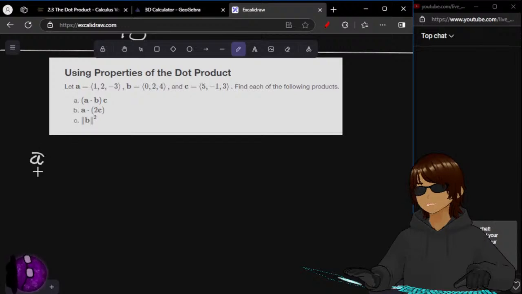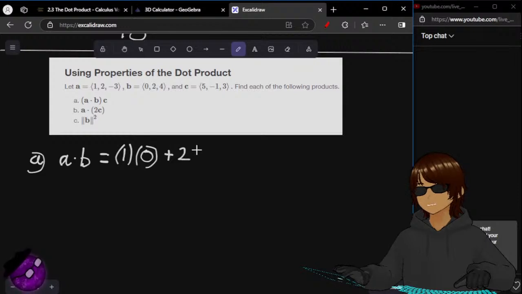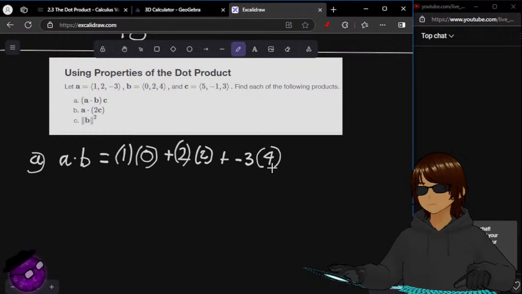So the dot product of this is 1 times 0 plus 2 times 2 plus minus 3 times 4, which gives you 4 minus 12.